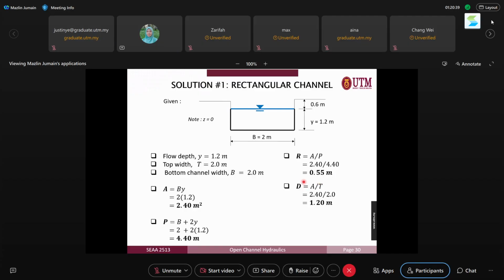And then for the hydraulic depth, the ratio between flow area and top width, we just divide the flow area by the top width, T. So we will get 1.20 meter. Easy, right? The difficult part is you just have to memorize the equations.